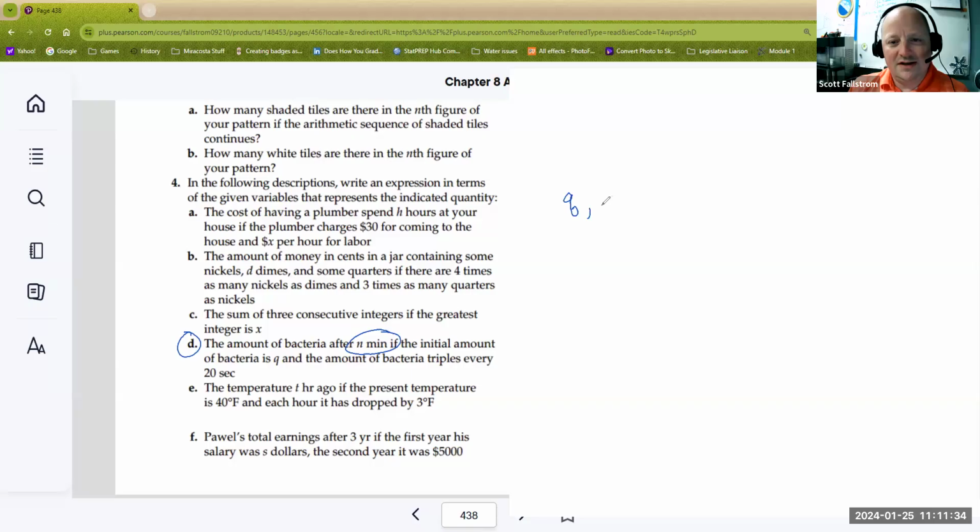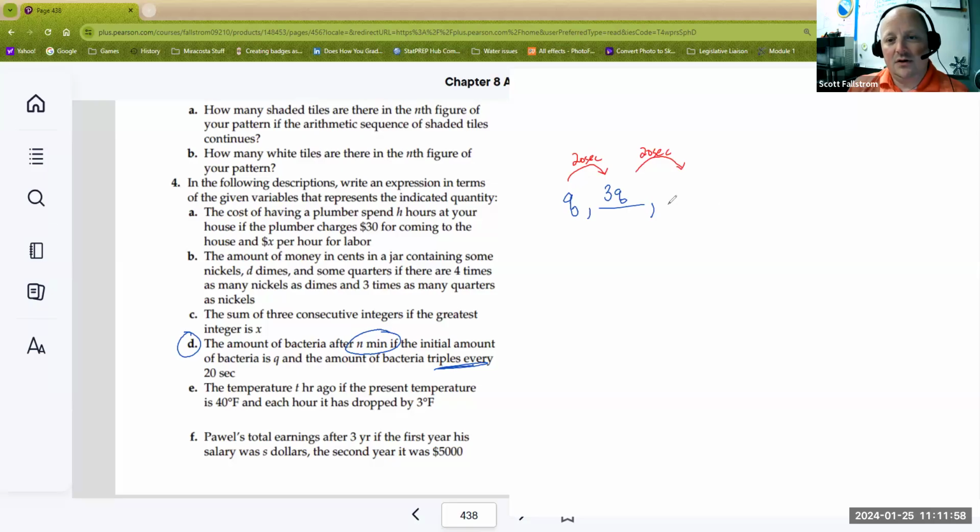And after 20 seconds, it triples. So this is 20 seconds, I'll write that down in a second. I triple, so I have 3 times Q. The next 20 seconds, again, what happens to that bacteria?